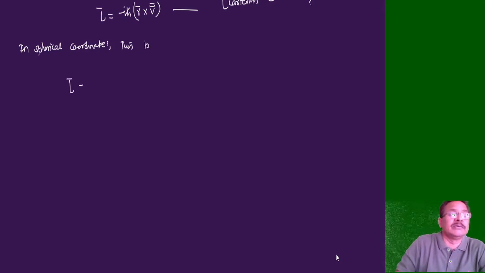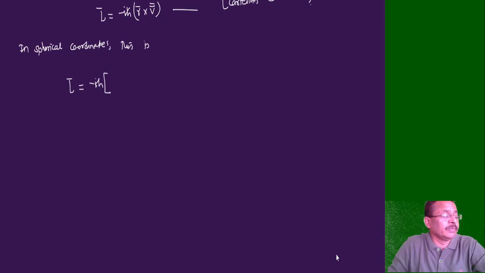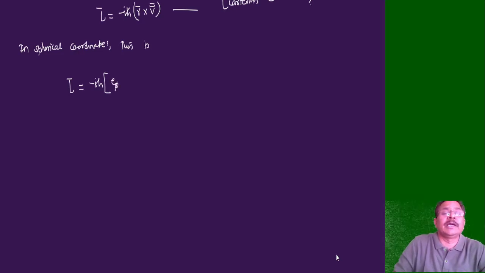L bar is given by minus i h cross into, if del bar is written in spherical polar coordinates and its cross product with R bar is obtained, this gives e phi cap into delta upon delta theta minus e theta cap.